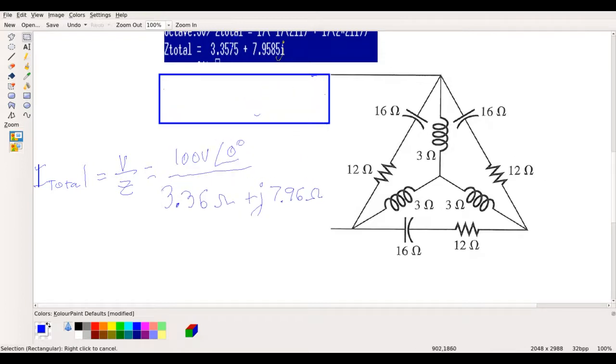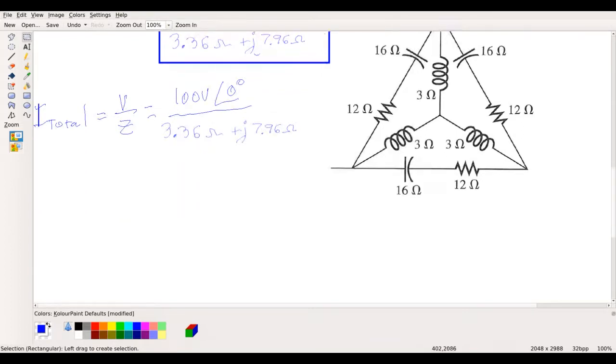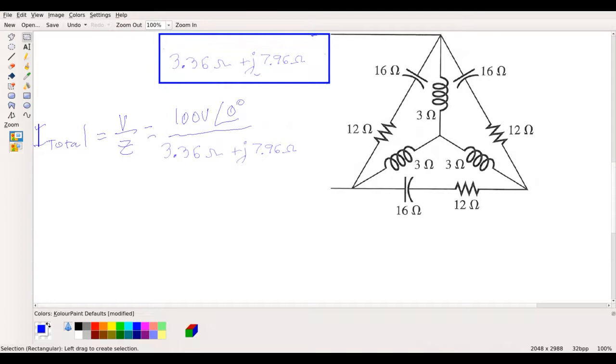So we'll just divide by this Z total. I'll put it back in the box too so we can refer to it. All right, and so now if we do those calculations, we get that the current I is equal to the voltage, 100 volts, divided by the Z total.